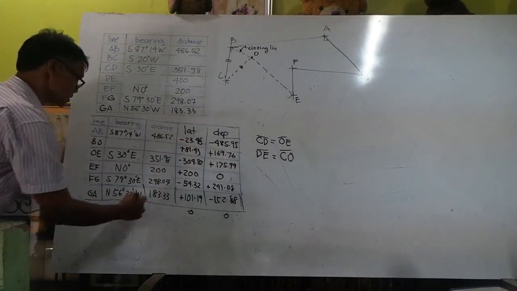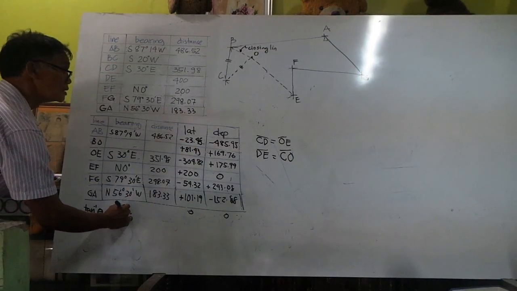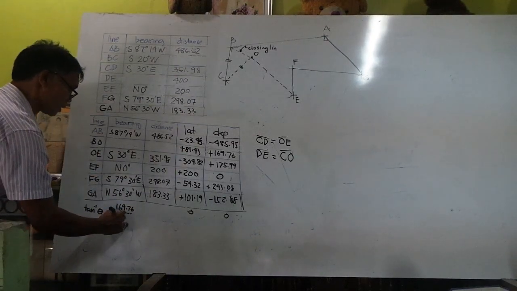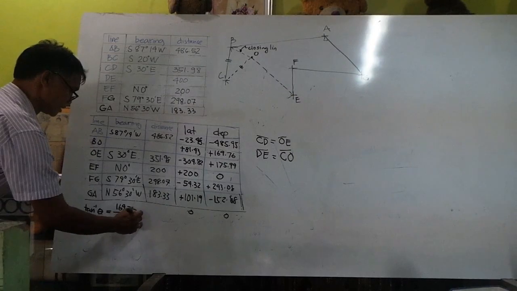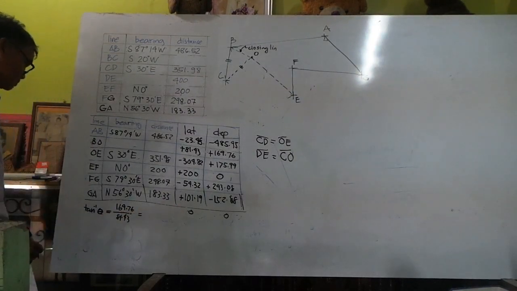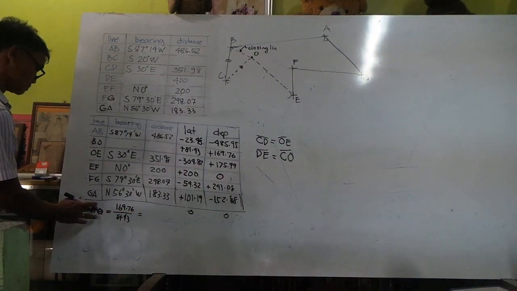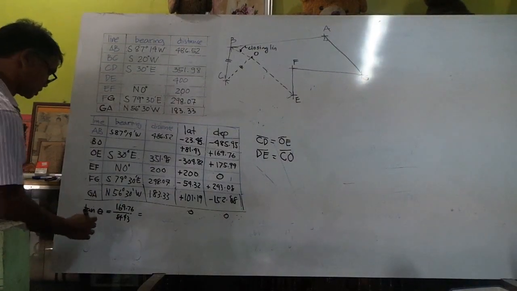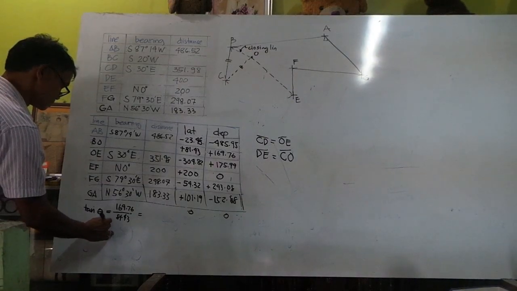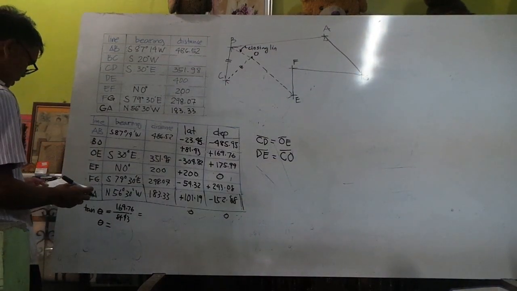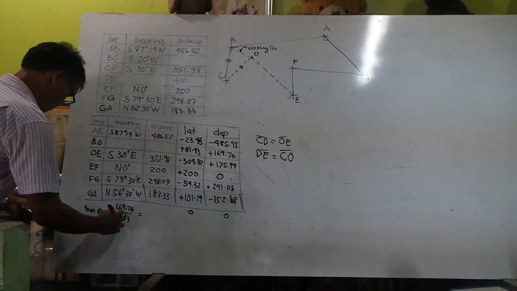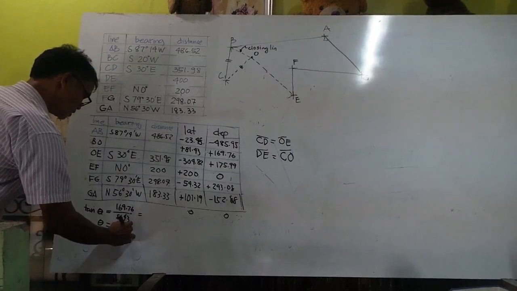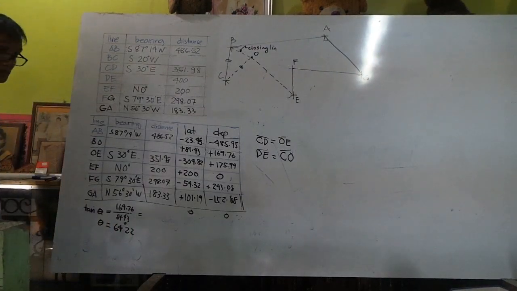Departure is this one, 169.76 divided by the latitude, 81.43. Then tangent theta. So your theta is just equals to 64 degrees and 22 minutes. That's your theta.